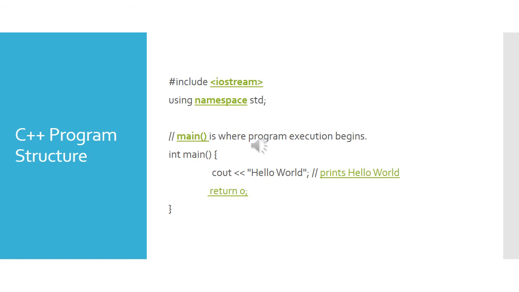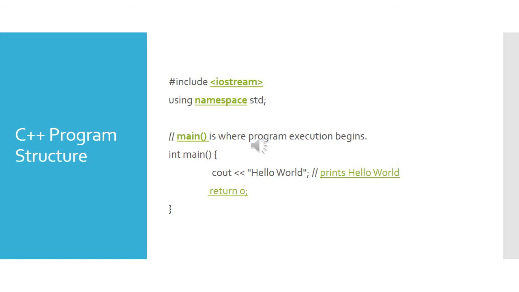Then main: every program contains a main function. The main function is where your program starts executing, one line after the other. Since we have specified int main, it's expecting to return an integer value.